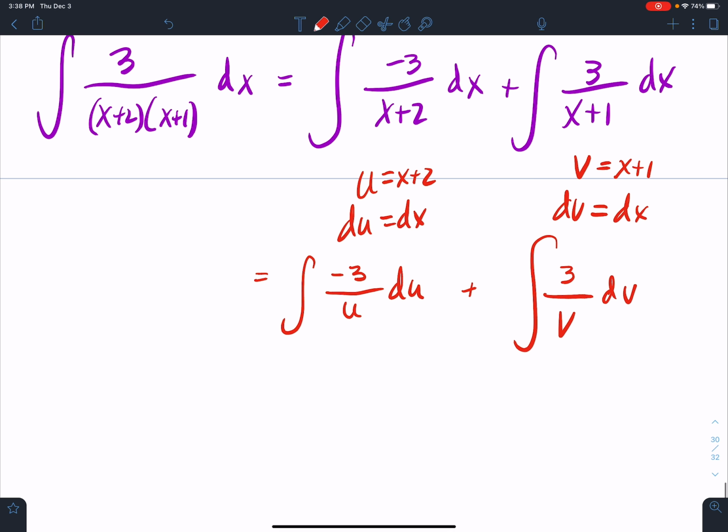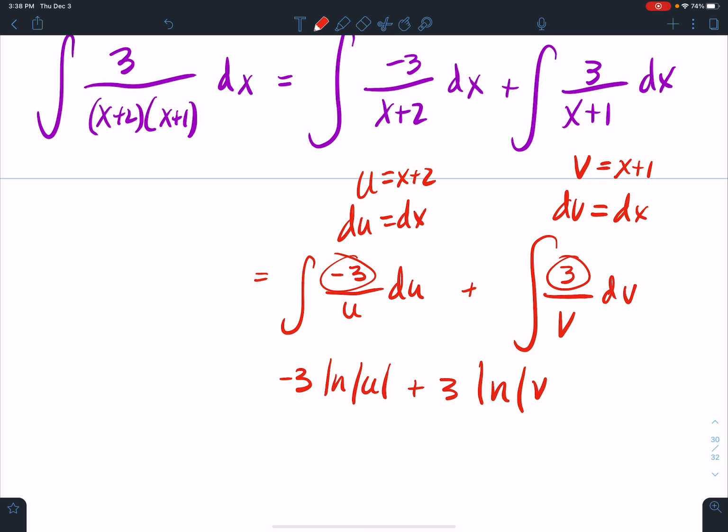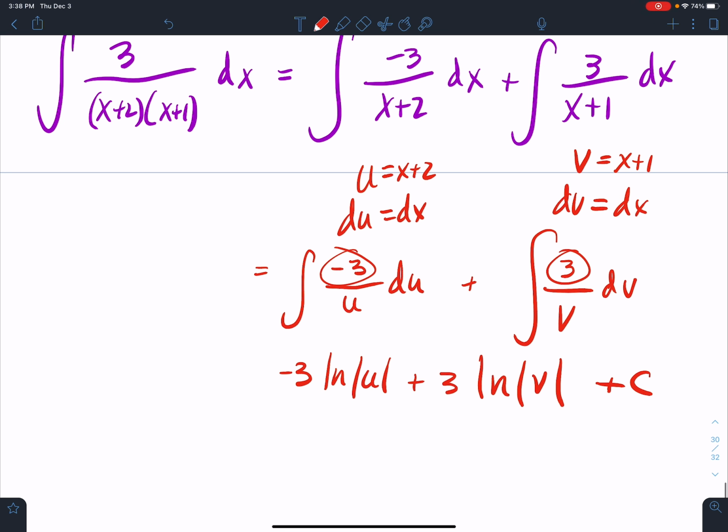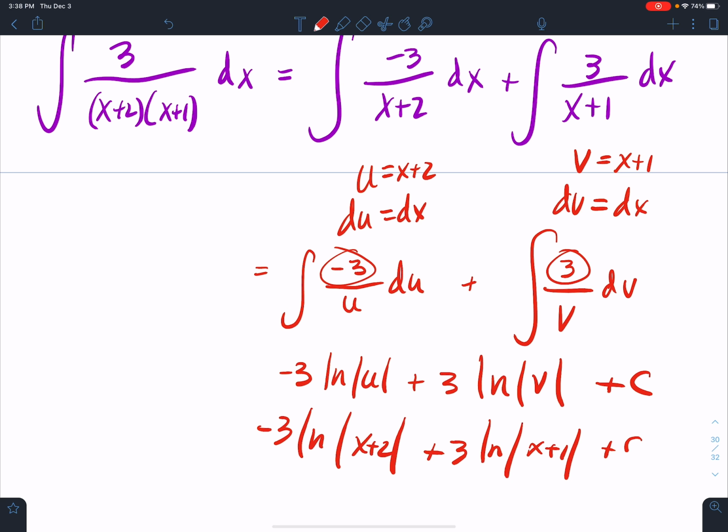And so the integral of 1 over u du is ln absolute value u. And I'm going to take that constant there, put it out front. Take the constant here, put it out front. Ln absolute value v plus c. And then my u is x plus 2, and my v is x plus 1. Okay?